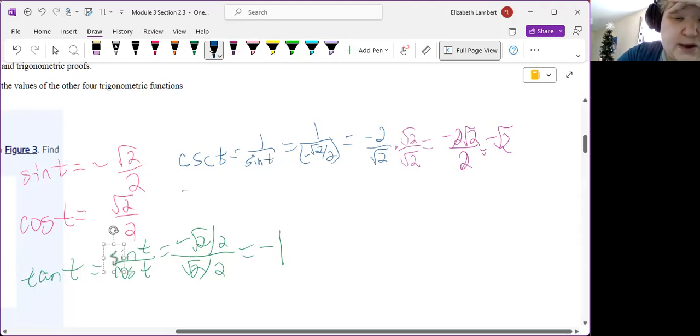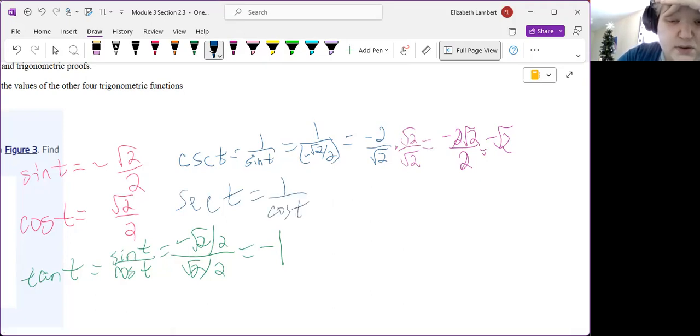All right, now our secant, we've kind of done some of the heavy lifting already. It's going to be 1 over positive square root of 2 over 2, which will do everything we did on sine, except it won't be negative. So here we get just the square root of 2.